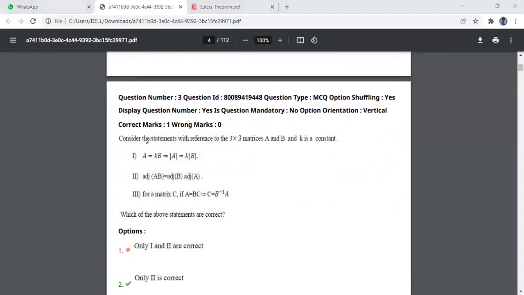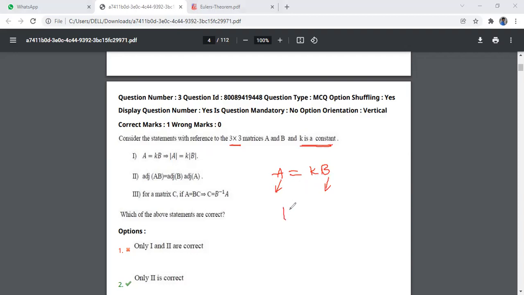Here they are asking, consider the statements with reference to 3 by 3 matrices A and B, and K is some constant. First statement: A is equal to KB. A is some 3 by 3 matrix, B is also some 3 by 3 matrix.